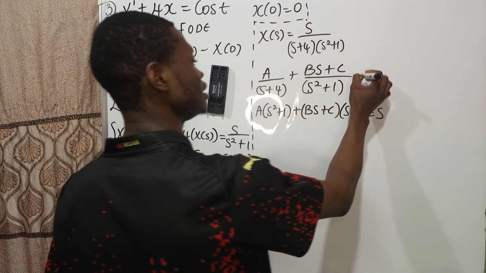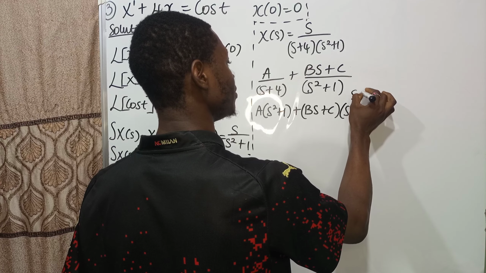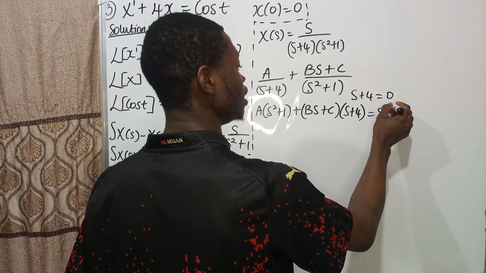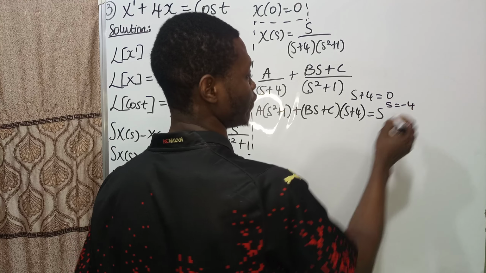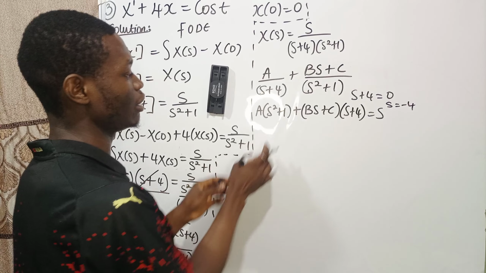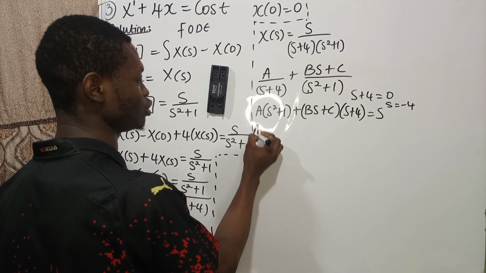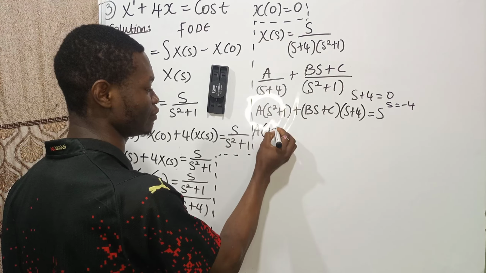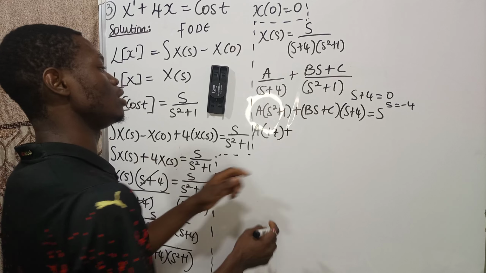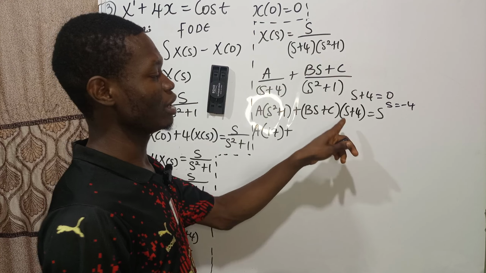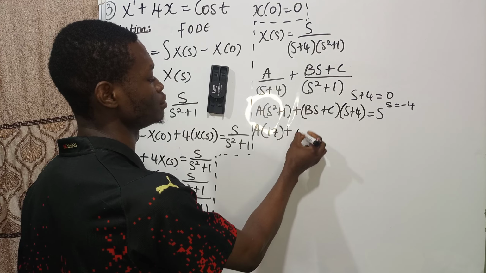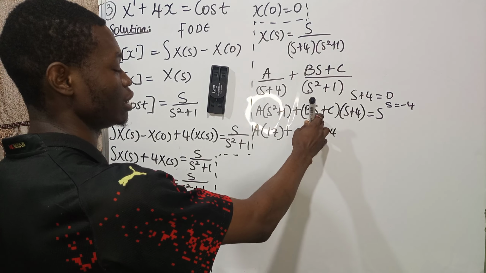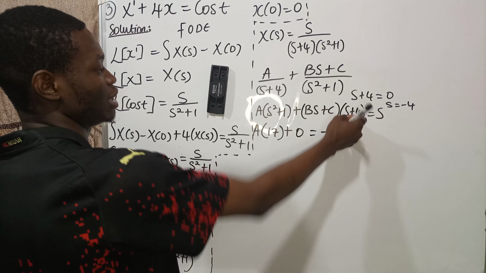So s plus 4 is equal to 0, therefore s is equal to minus 4. So anywhere we see s, we put minus 4. Minus 4 squared is 16, plus 1, 17. As far as 0 has come here, all this thing will be 0, because 0 times this is 0.